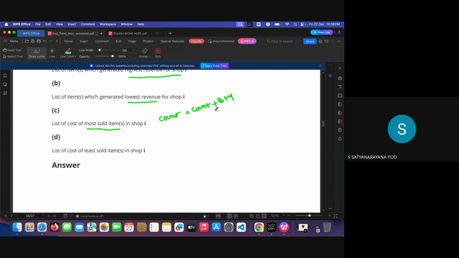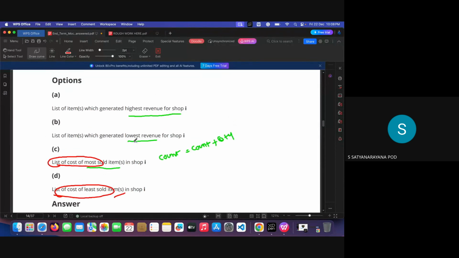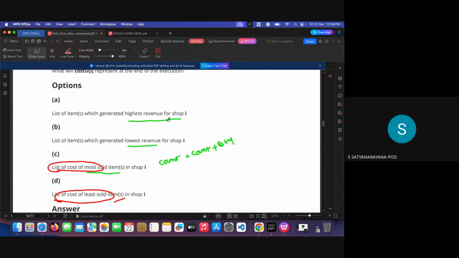Revenue means quantities are not added, only the cost is added, so revenue is linked. So definitely these two options are wrong, because they say least sold items. This is not least sold or most sold. Here it is the highest revenue, because we are adding a cumulative sum, all of the items' sum is added.